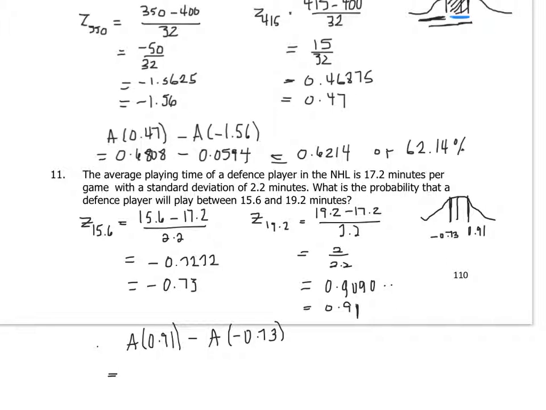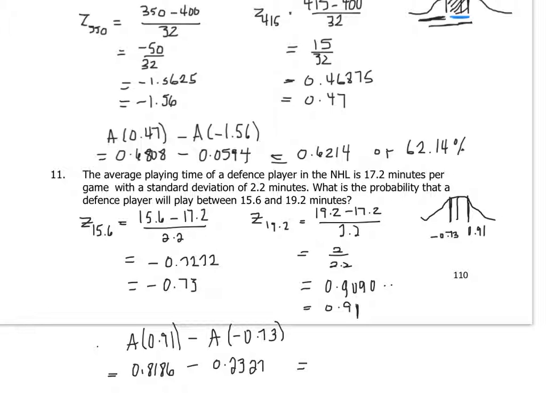Using your z-score table, 0.91 would have a value of 0.8186, and negative 0.73 would be 0.2327.